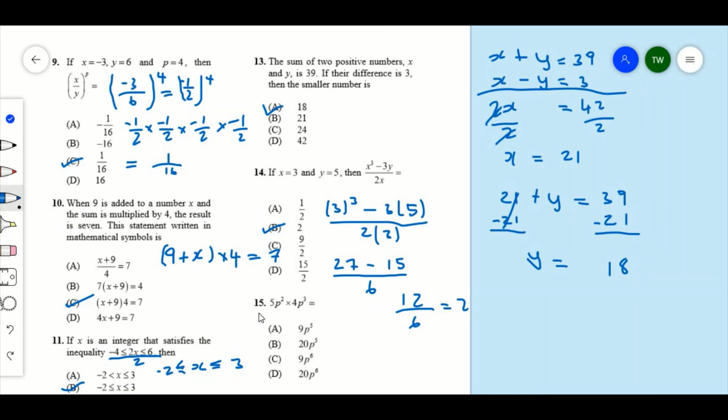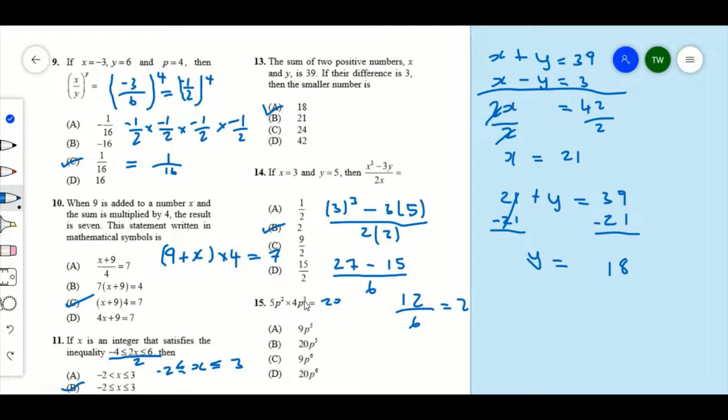So for our last question, which is question 15, 5p squared times 4p cubed is, what you're going to do is multiply the numbers. So it's going to be 5 times 4, that's going to give us 20. Because the base is p, the rule says when you are multiplying something with the same base, you just simply add the powers.